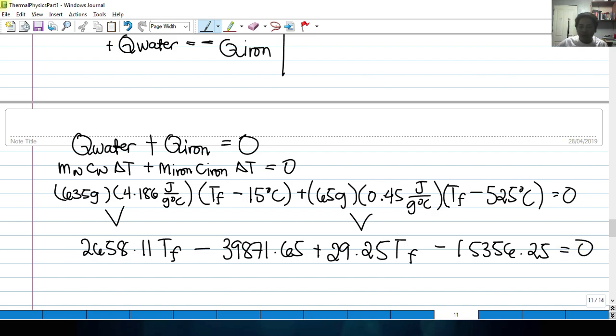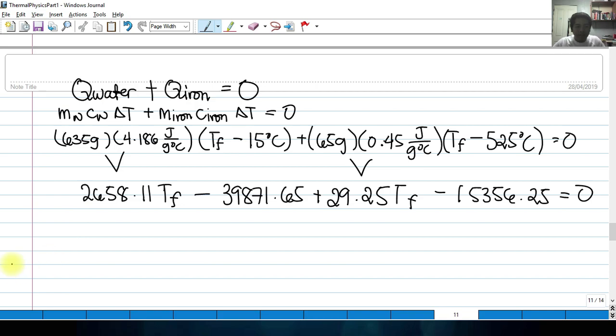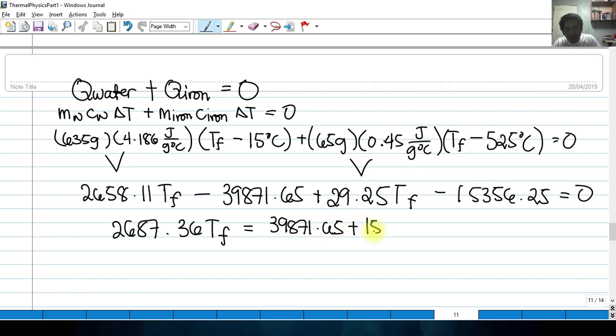So now we can solve for the T F, and the T F is basically combining like terms. We have 2658.11 T F plus 29.25 T F. So we have 2687.36 T sub F. And if we place these two negative constants on the other side of the equation, we shall have 39871.65 plus 15356.25.